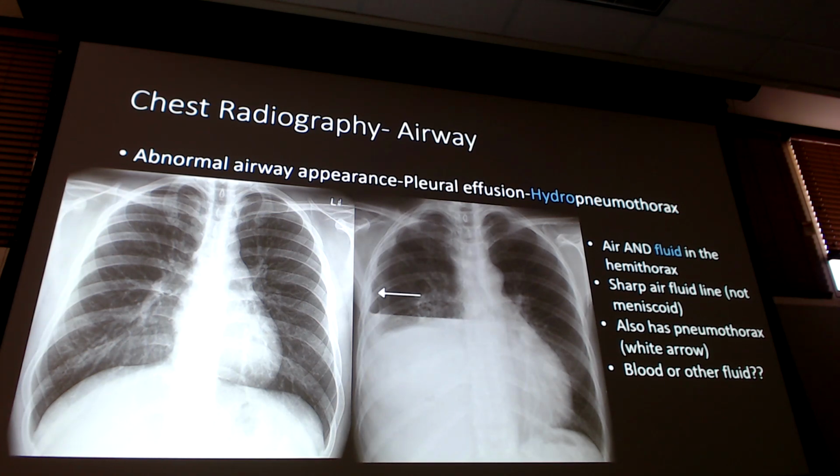But this goes in the pleural effusion category because we have the fluid as well. So that makes it a hydropneumothorax until we confirm it's blood. Then once we know it's blood, it becomes a hemopneumothorax. But based off of just x-ray, it's hydro because we don't know what that fluid is yet. Once the chest tube goes in, we see dark red blood coming out, then we can call it what it is.